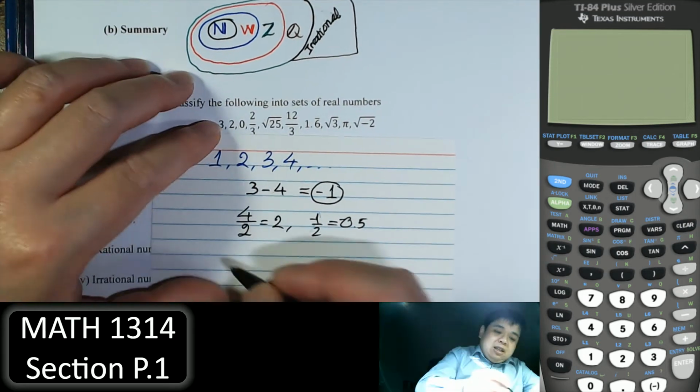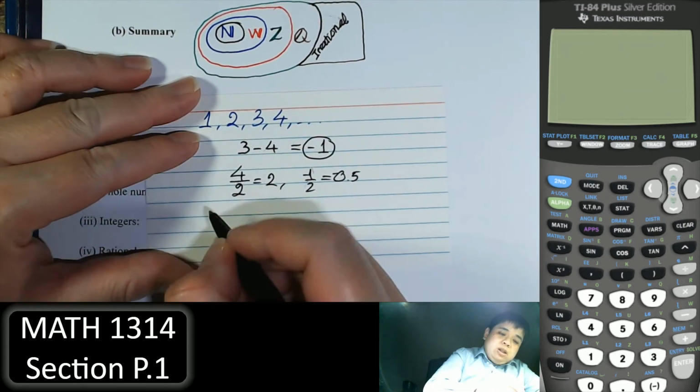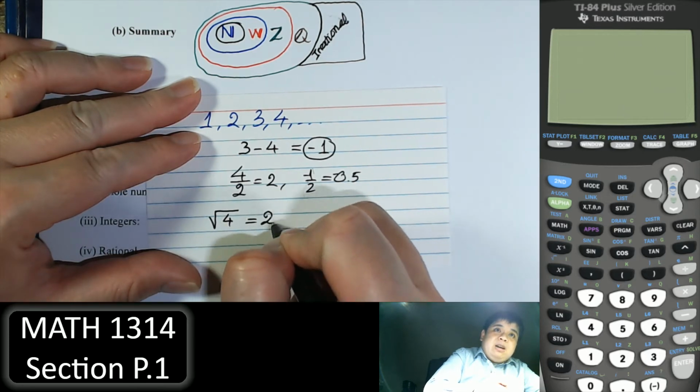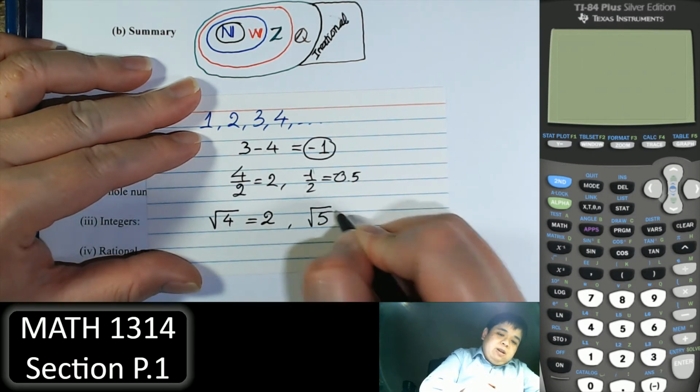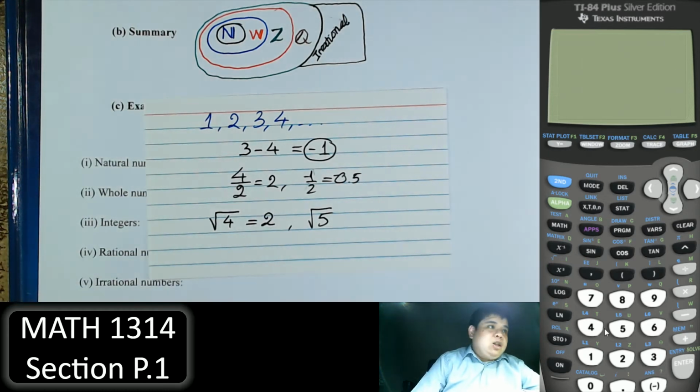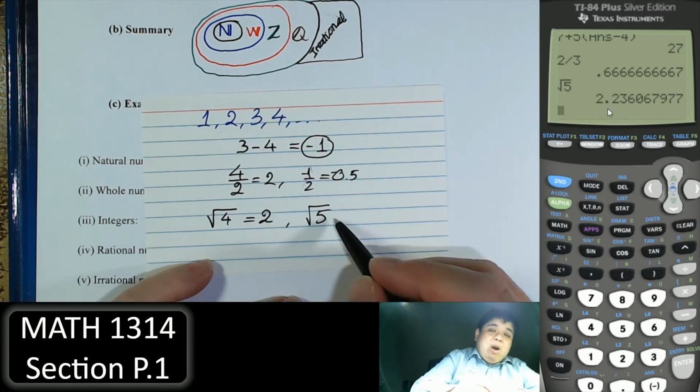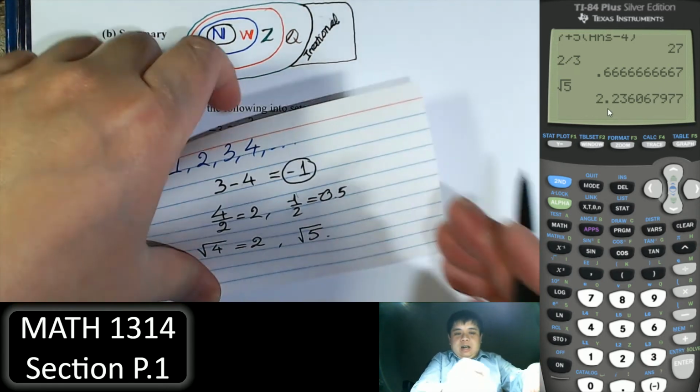And then next, we take the square root. Square root of 4 is 2. That's perfectly fine. But then square root of 5 is 2 point something. That's all we know. But we use that. And you see this is a decimal number that is not terminating, nor repeating. So square root of 5 is irrational. So what we have is interesting.